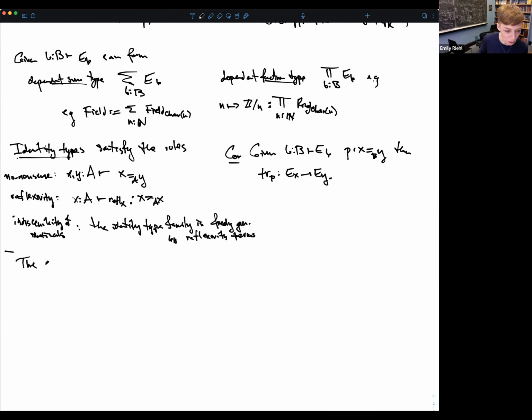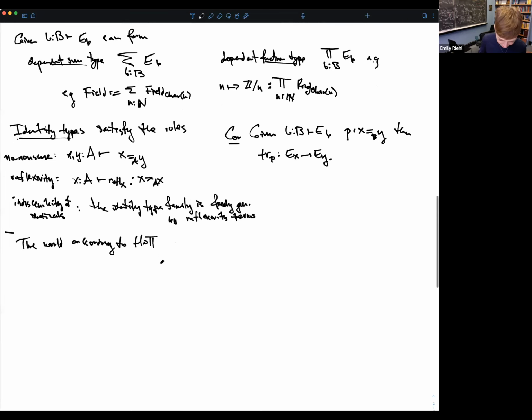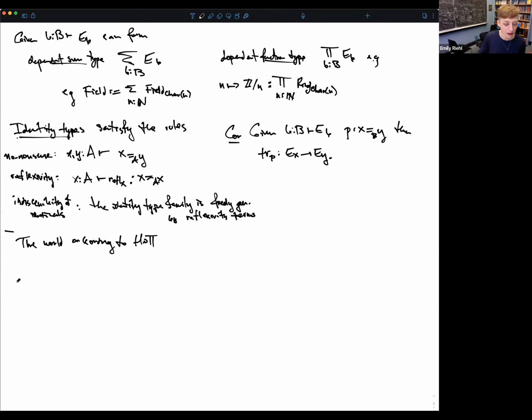So I might call this the world according to homotopy type theory. This homotopical perspective on dependent type theory has a standard acronym, HoTT, homotopy type theory. I mentioned we have these primitive notions of types, and I'm going to draw a big box for them.